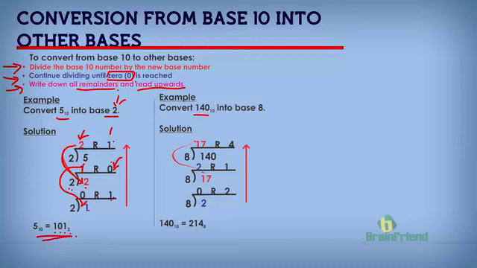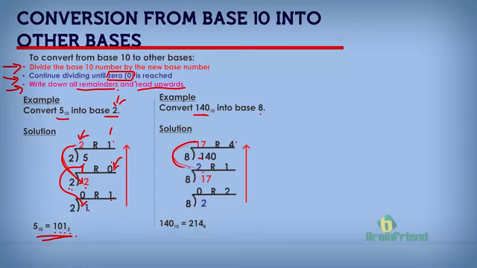Convert 140 base 10 into base 8. So again, we simply divide 140 by our base 8, and we keep dividing until 0 is reached. When we get to the last 0, again, we read the numbers up, and that will be the number of our base 8. So let's start. 140 divided by 8 gives us 17, and we have a remainder of 4.